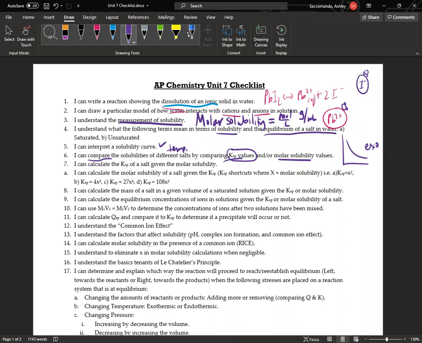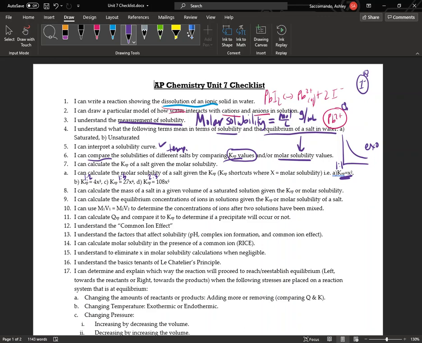If they do not have the same ratio of ions, you need to calculate the molar solubilities of each and then compare the molar solubilities. How do you calculate the molar solubilities? You follow this: this is the 1:1, this is the 1:2, this is the 1:3, and this is the 2:3. For the different ratios, solve for x. X is your molar solubility.